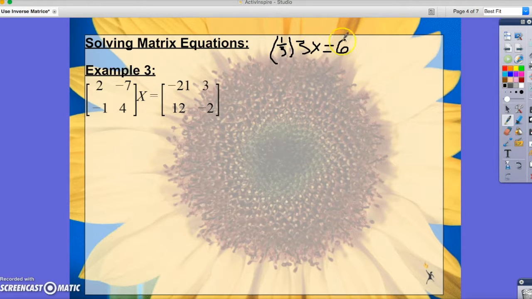Both sides. To undo the 3 here, you could almost think of the 1/3 as an inverse. These will cancel each other out. You'll get 1x here. Well, that's what we want to do here, but we need to undo this matrix here. And the only way that we could undo it is we could find the inverse, just like we did a second ago. So let's actually just clear this here.